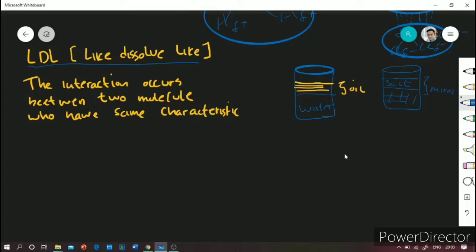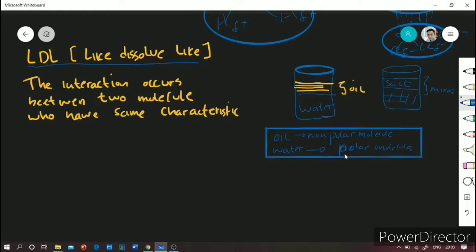So the first one, oil is actually a non-polar molecule, and then water, as we discussed many times in many situations, is a polar molecule. So they both have different characteristics.